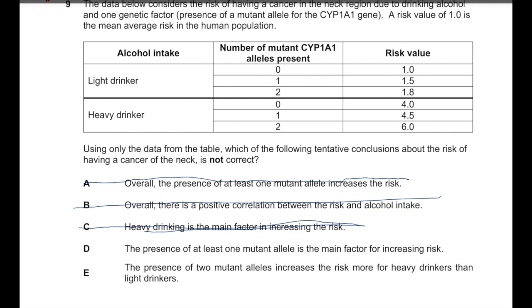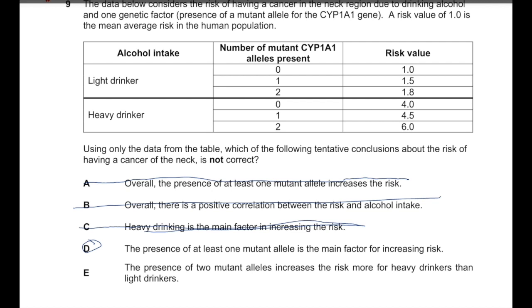Option D. The presence of at least one mutant allele is the main factor for increasing risk. This option is not correct because heavy drinking does increase the risk more than having one mutant allele and is therefore the main factor. So the answer is D.